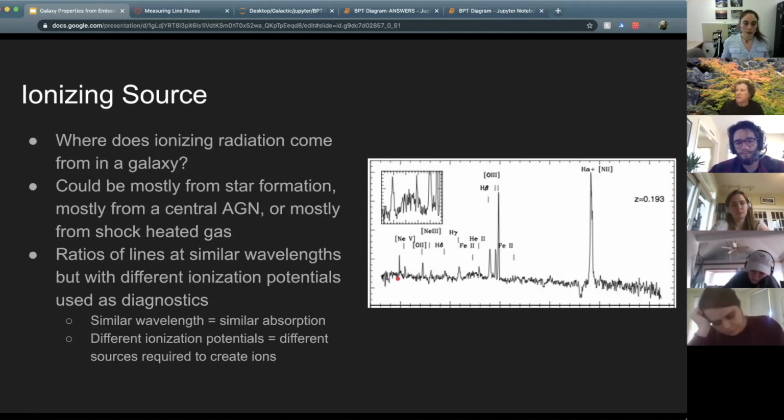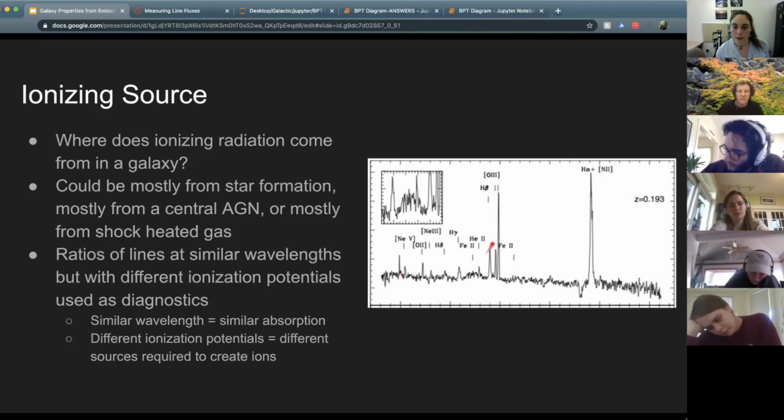So in order to do this, you use ratios of lines at similar wavelengths, but with different ionization potentials. If you're looking at lines of a similar wavelength, there's similar amounts of absorption, but different ionization potentials means you need different amounts of ionizing radiation to create the ions. So these are the only lines where we're typically looking at not the same elements, not the same ions. Instead, we're looking at different elements with different ions, different ionization potentials.